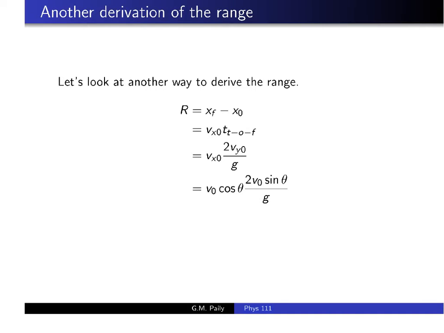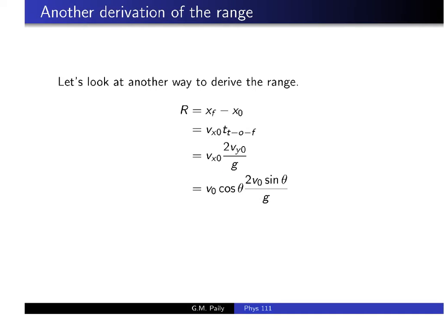Going back to this expression, we notice that the range depends on both Vx0 and Vy0. So, unlike the height, which only depends on Vy0, the range depends on both the horizontal and the vertical component of the launch velocity. Now we see why 45 degrees gives us the greatest range. If we have an angle greater than 45 degrees, then Vy0 increases over Vx0.